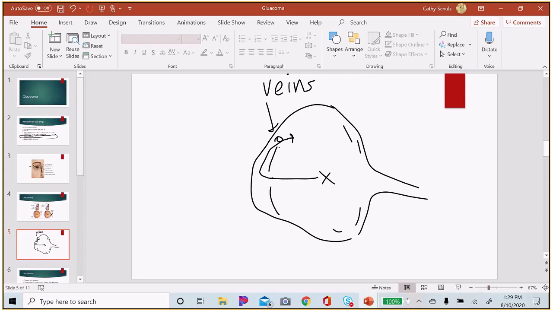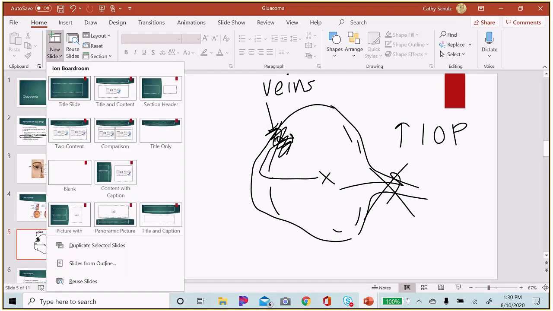If for some reason this is blocked, or there's a change in how this fluid is made, then you can have an increase in what's called intraocular pressure, and that's what causes the pressure on the optic nerve.